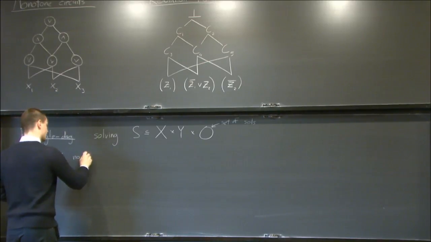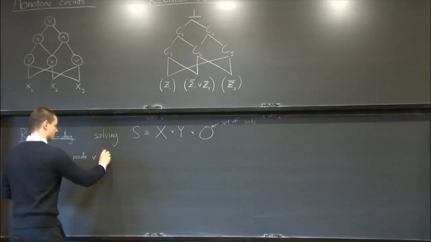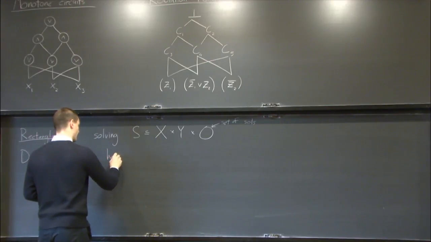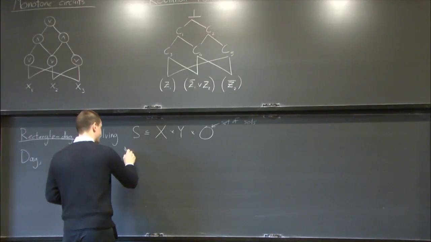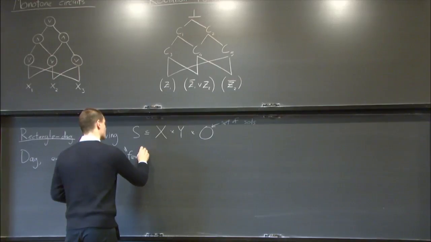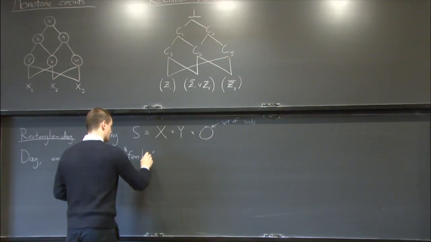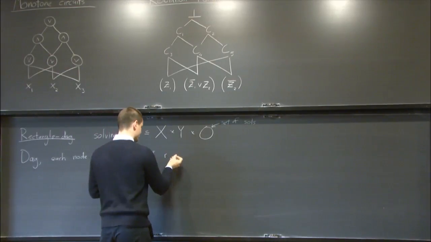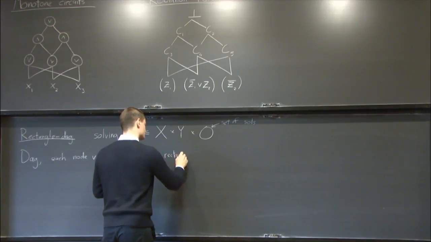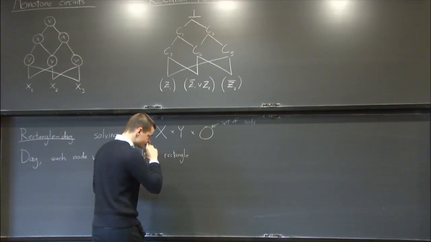Each node in the DAG has what I term a feasible rectangle or set.